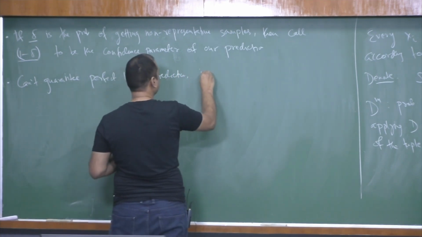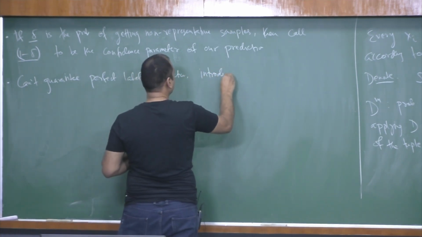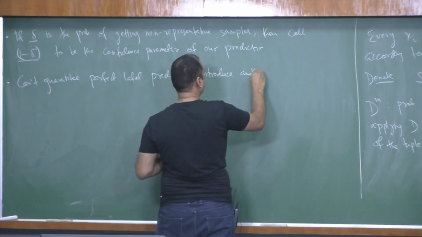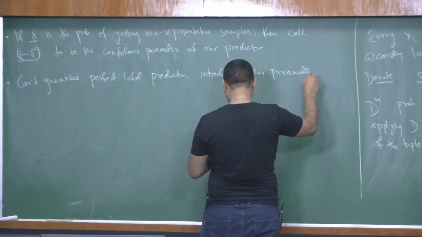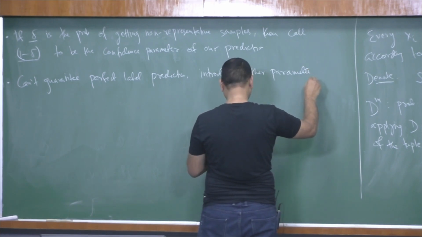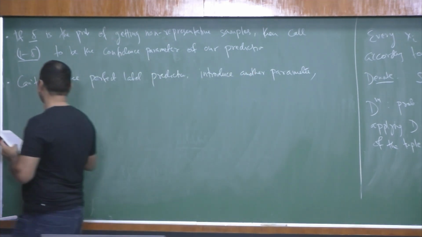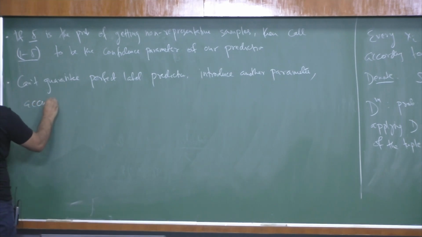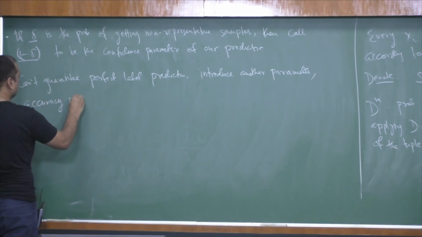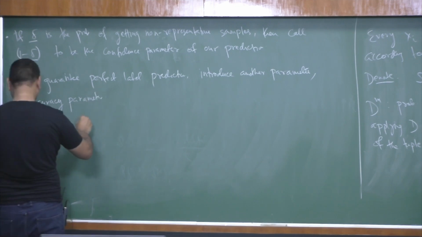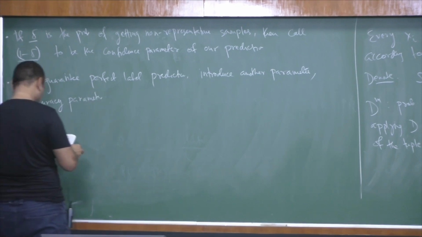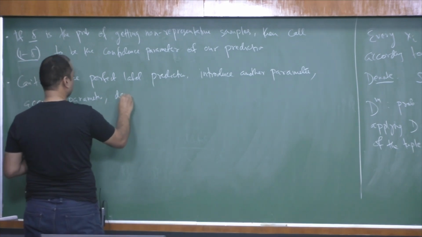So we introduce another parameter, which is called, let's say, the accuracy parameter, denoted by epsilon.